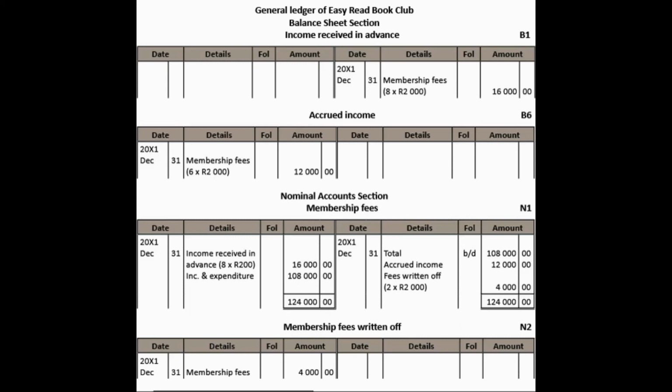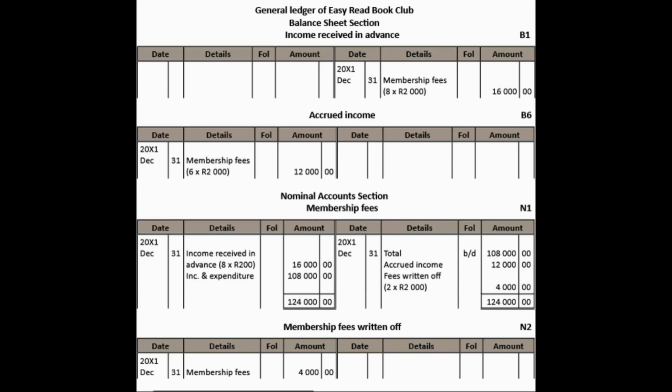The remaining amount is the one that you need to do the calculation for, and that is the amount that we're going to transfer to the income and expenditure account. That is the balancing amount in that account.